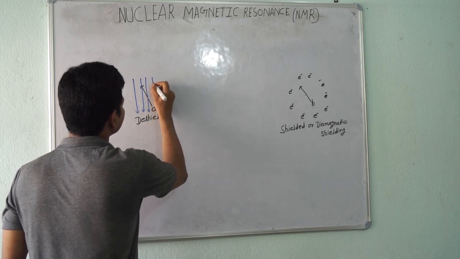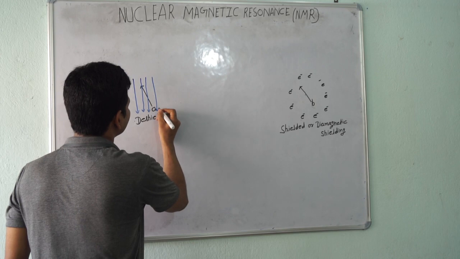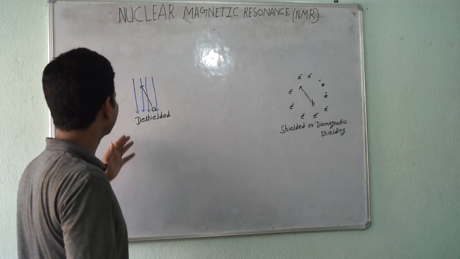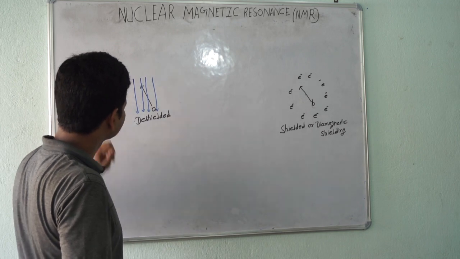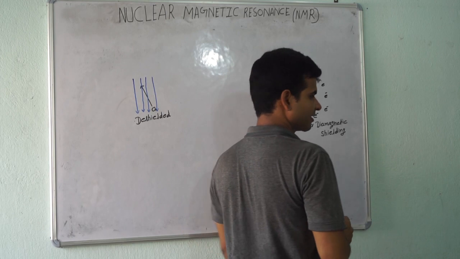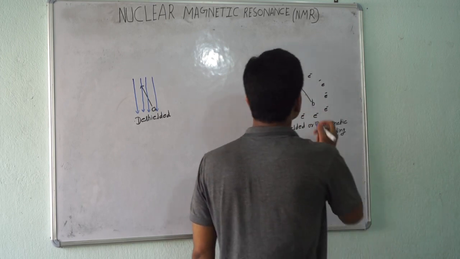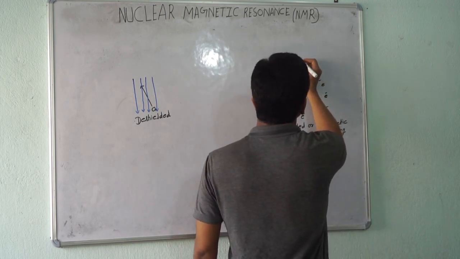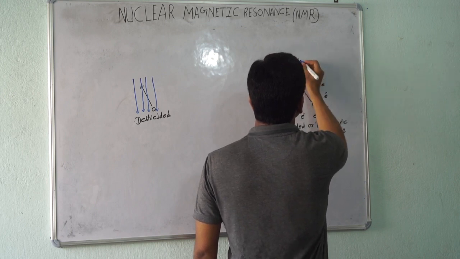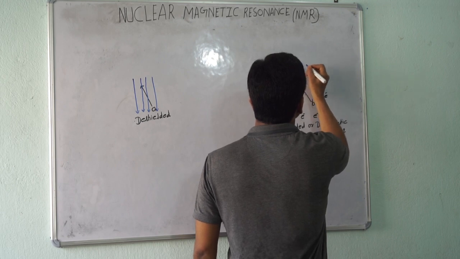The direction of the applied magnetic field is from north to south.